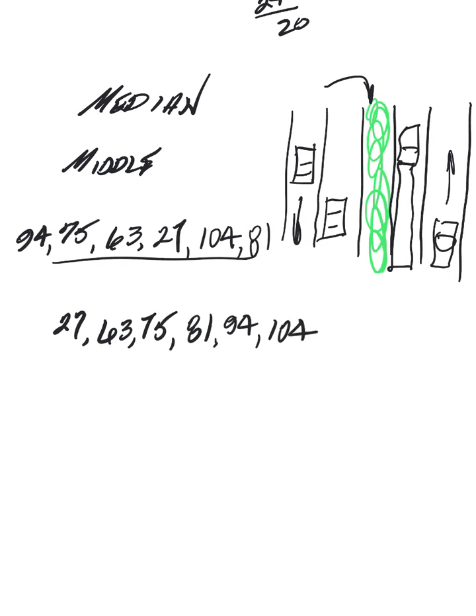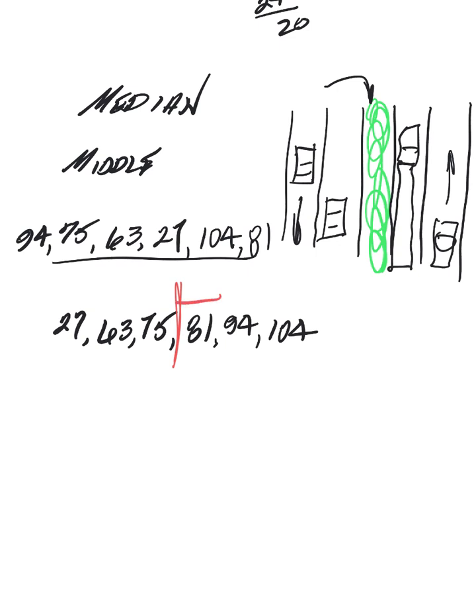Now here is a problem we run into. If we look, we've got 1, 2, 3, 4, 5, 6. There is not a middle score. Okay, the middle score would be right here. We got 3 on both sides, but we don't have one that's exactly in the middle.